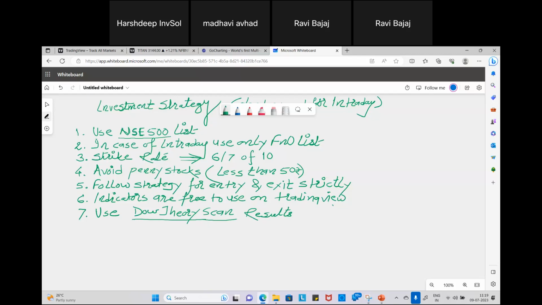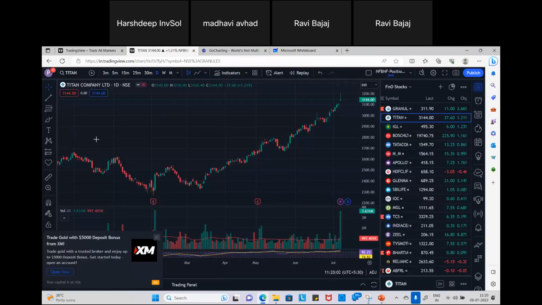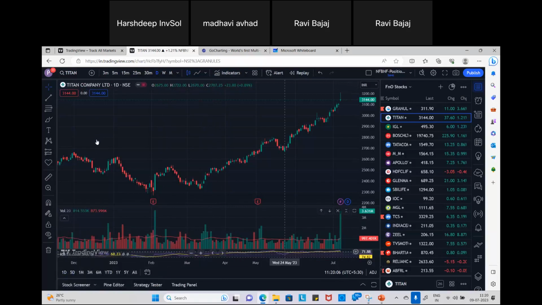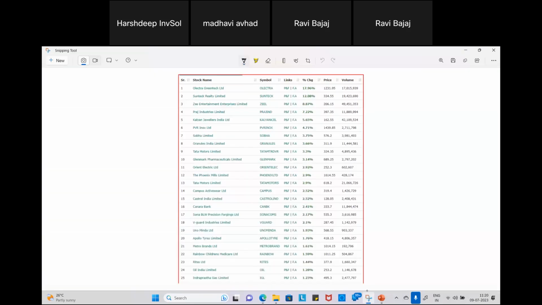Fair enough. So let's go on to the chart and try and apply the indicators. What I have done is, to make your life easy, I just ran this scan this morning. It gives a list of around 25 stocks.